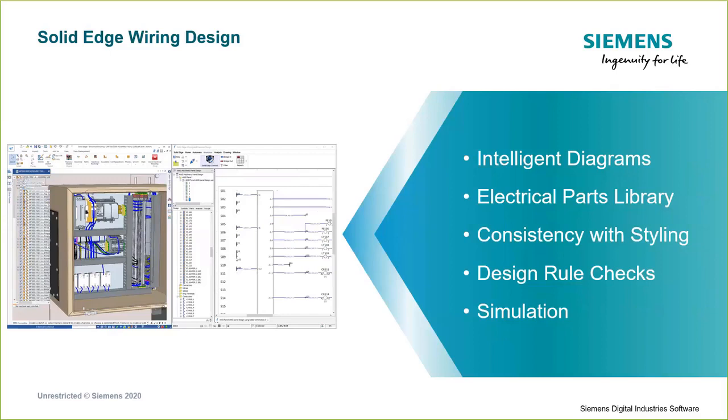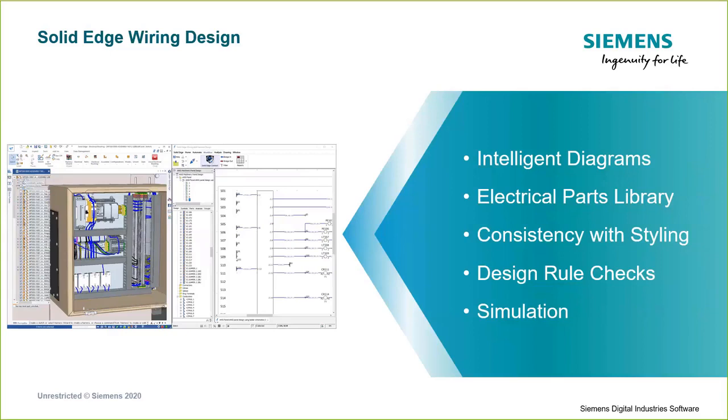We also have design rule checks. And what that means is the application, as you're capturing the diagrams, there's electronic checks going on in the background to make sure we're not violating some type of electrical issues. And I'll give you examples of several of those in the coming slides here.